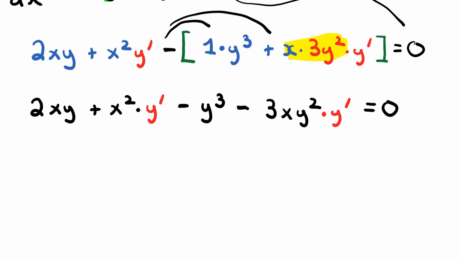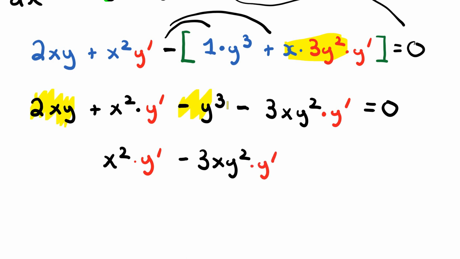Okay, so our goal is we want to isolate for y prime, so we can write this as x squared times y prime, and then minus the 3xy squared times y prime, and I'm going to take the 2xy and the negative y cubed, and I'm going to move that to the other side.